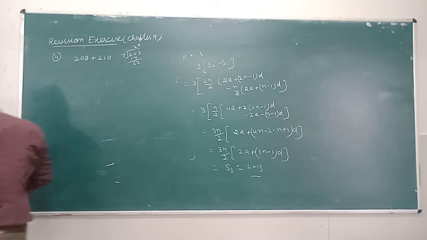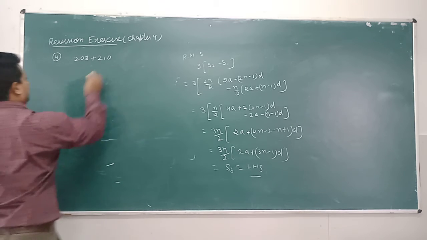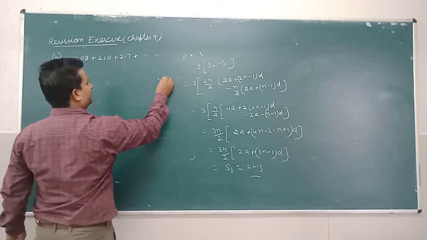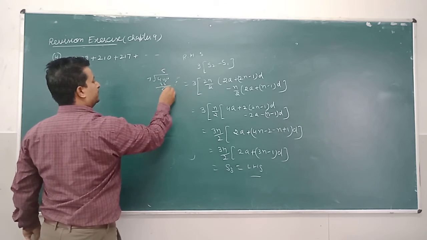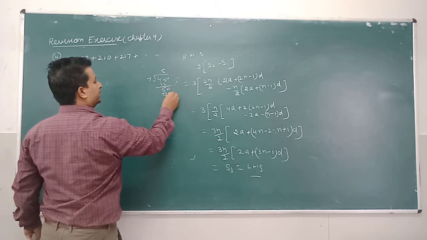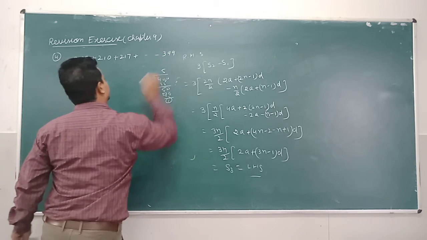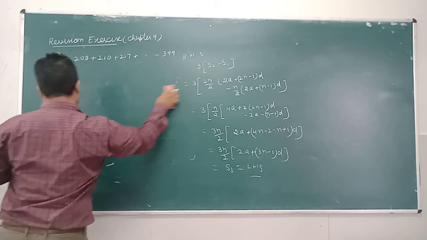After this 210, and after this 217, and the last one is, we divide 400 by 7, the remainder is 1. This means 399 is the number which is divisible by 7.